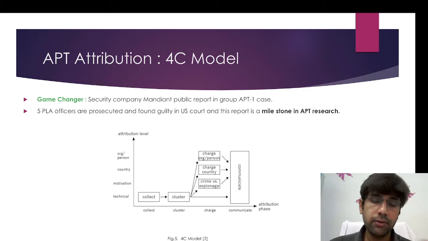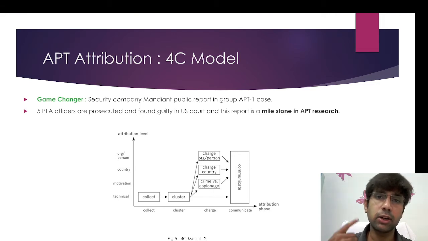In the cluster phase, regardless of whatever information they have found, they group it into intrusion sets. In the charge phase, they investigate at various levels, as we discussed earlier. First, identifying the motivation of the attack, then the country, and then the individual, organization, or person behind it.